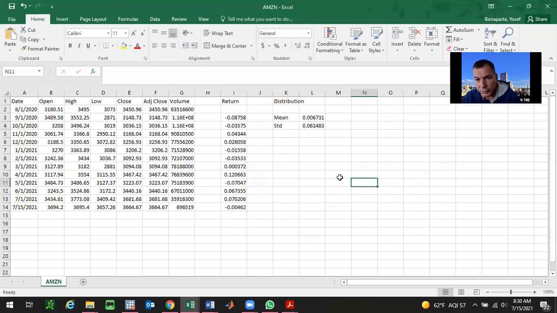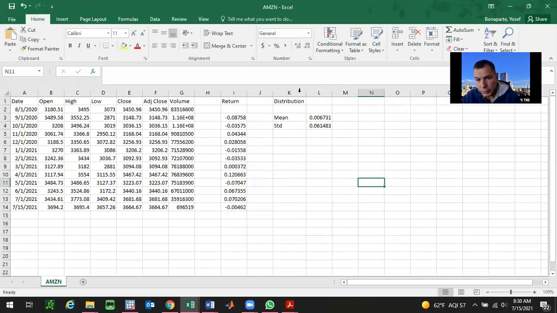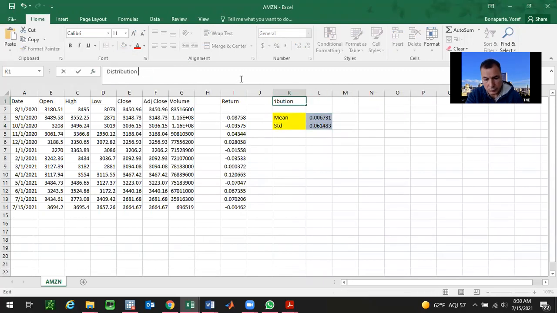Okay, done. So this is a distribution for Amazon stock return. And these are the 2 key moments that we're working on. There are many moments for a distribution. The third one is skewness probably.